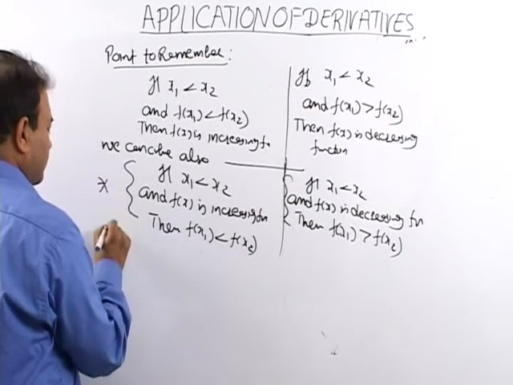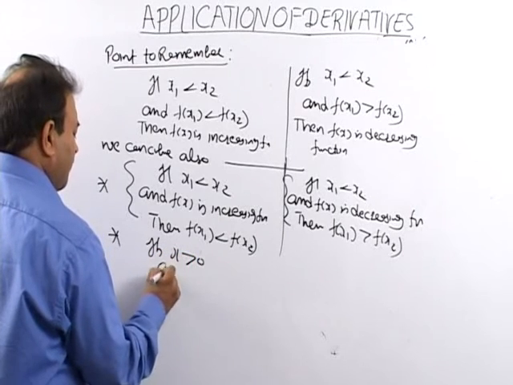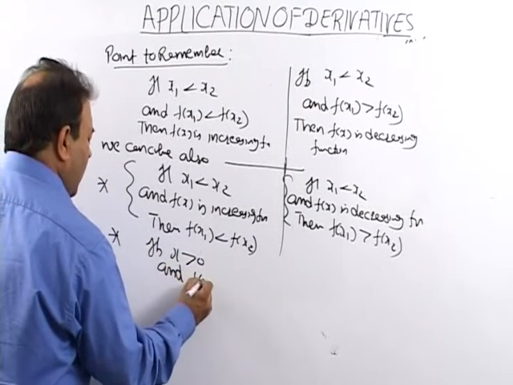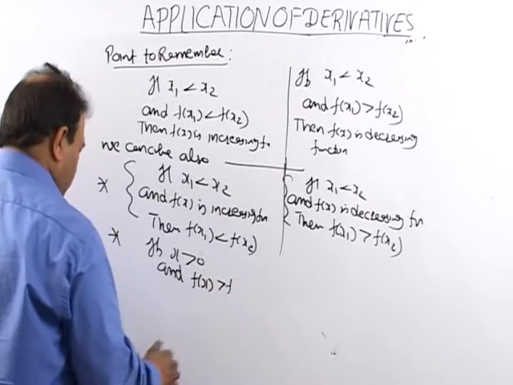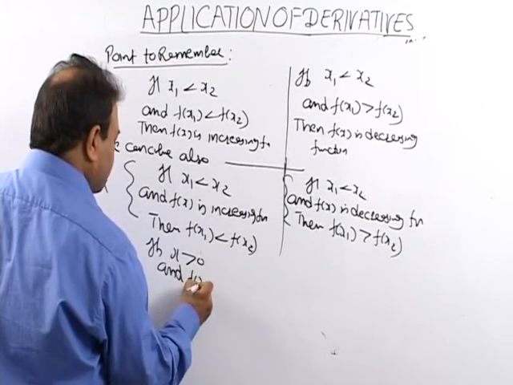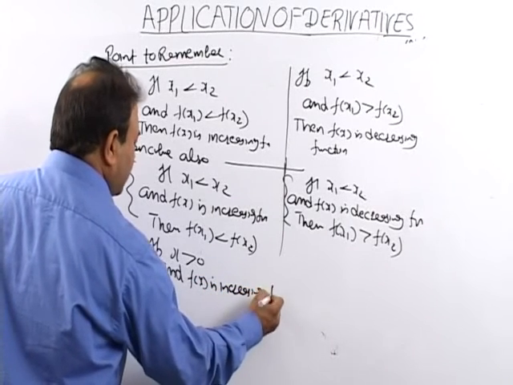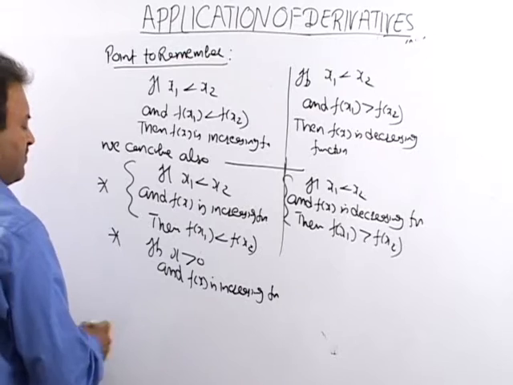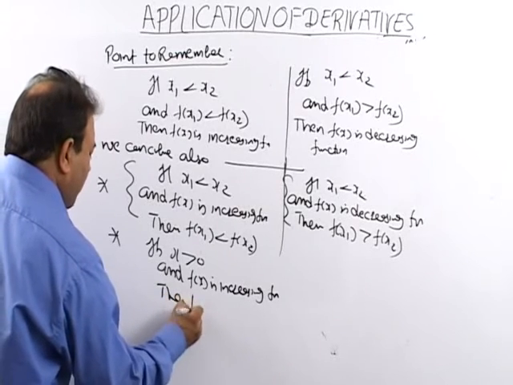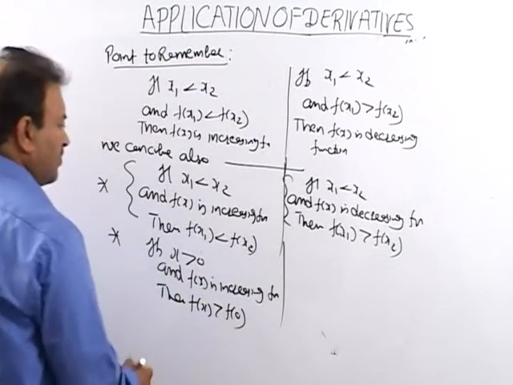Then next, if x greater than 0 and fx is increasing function, then f of x is greater than f of 0.